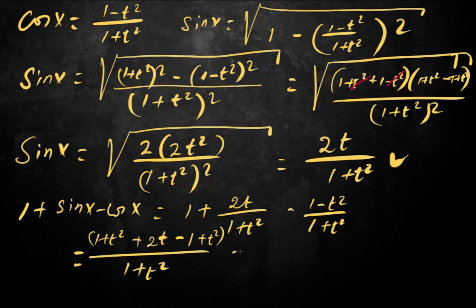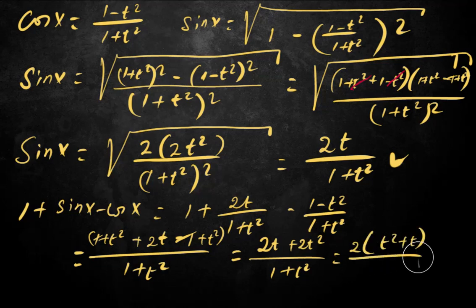So the 1's are gone. You get 2t plus 2t squared over 1 plus t squared. It's 2 times t squared plus t over 1 plus t squared. So this is the quantity 1 plus sine x minus cosine x.